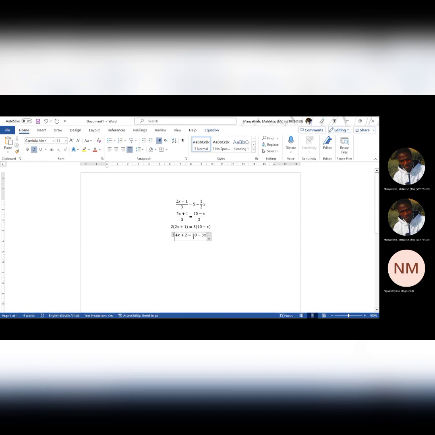Then we collect the like terms, we group. So we take minus 3x across the equals sign, it becomes plus 3x, equal to 30 plus 2 across the equals sign, meaning we change the sign to subtract 2.